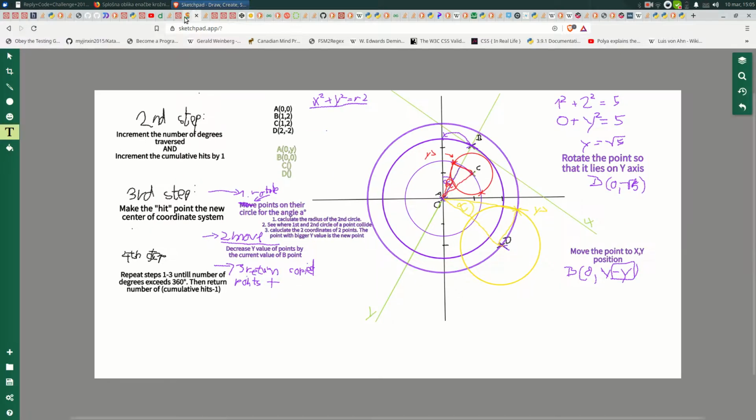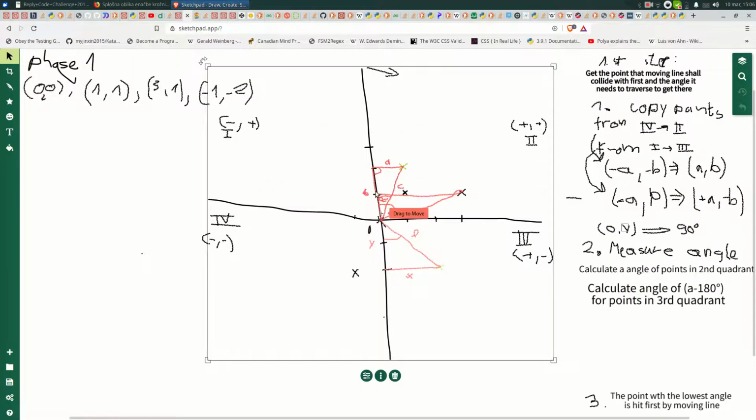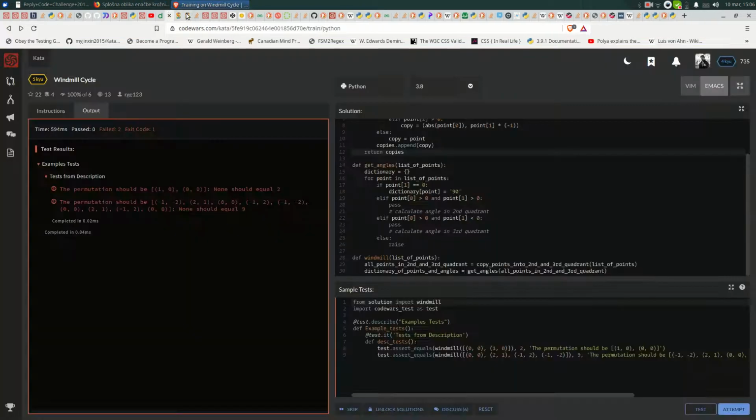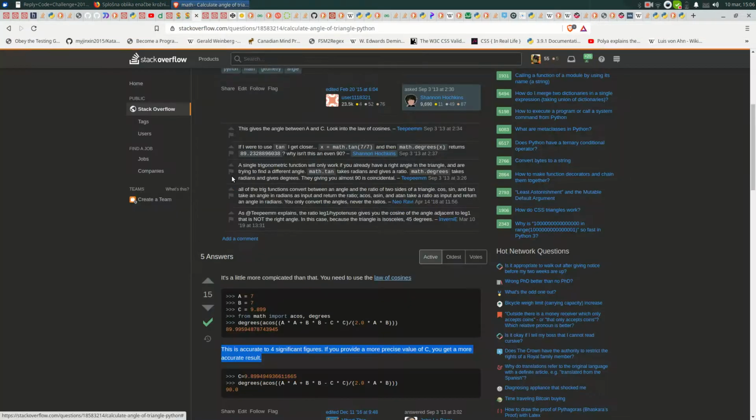How did you say we do that? We do the point with the lowest angle. Oh, okay. We just do this one, not that one. The cosine. It is the law of cosines.